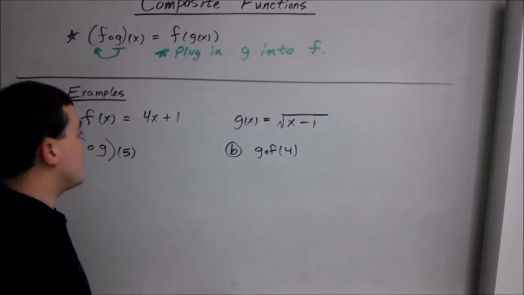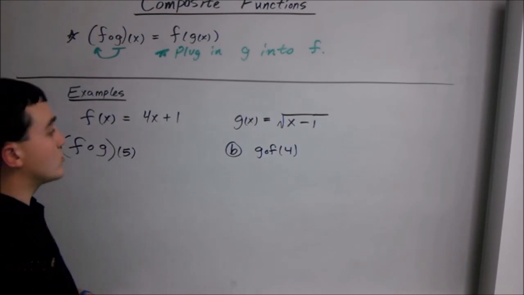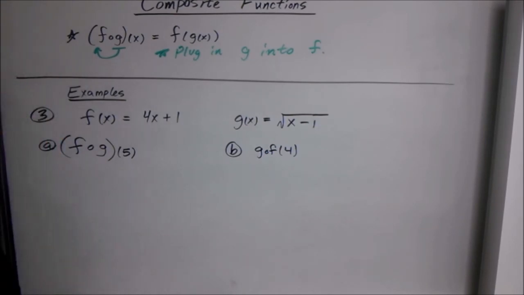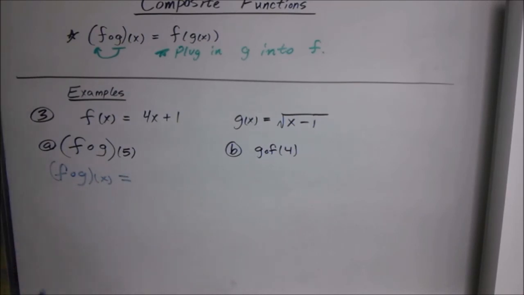Alright, and last example. Say it wanted us to find f of g of 5, given f of x is 4x plus 1, and g of x is the square root of x minus 1. So, we do the same thing. First, we would want to find f of g of x, which we know is just plugging in our g function into the f function.